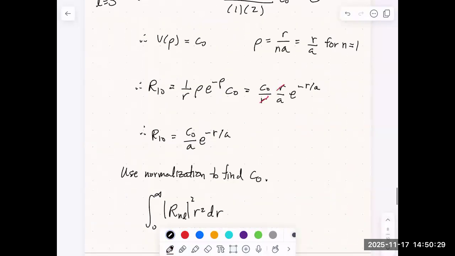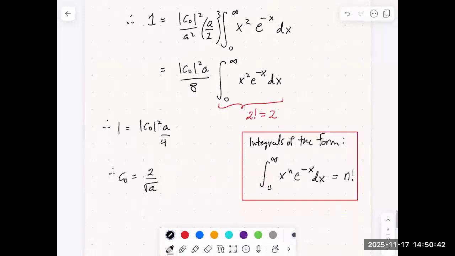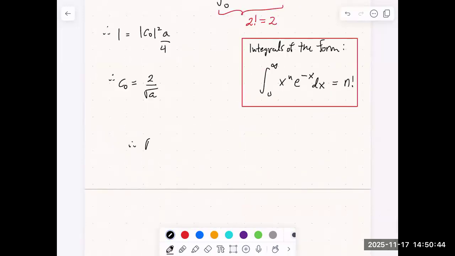And we can put that into this expression here. So we'll get a 2 over square root of A, and so that A will become A to the 3 halves in the denominator. And so therefore, R10 is equal to 2 over A to the 3 halves, e to the minus r over A.